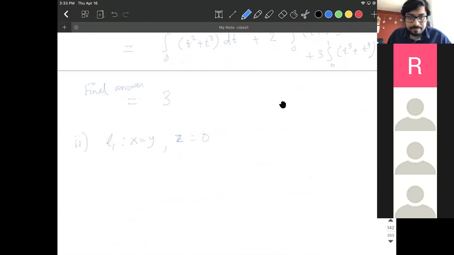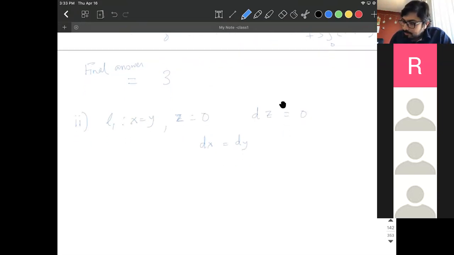Now here, what's going on in this line? We have that dz equals 0, of course, because z is 0. And dx equals dy, simply because x and y are equal.